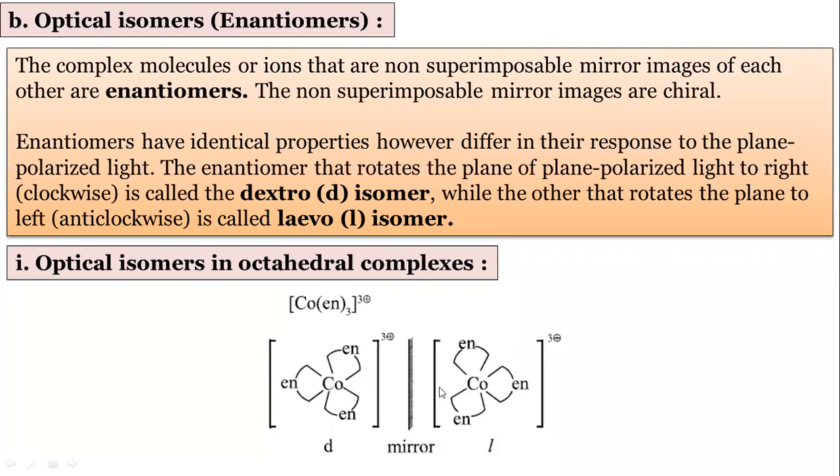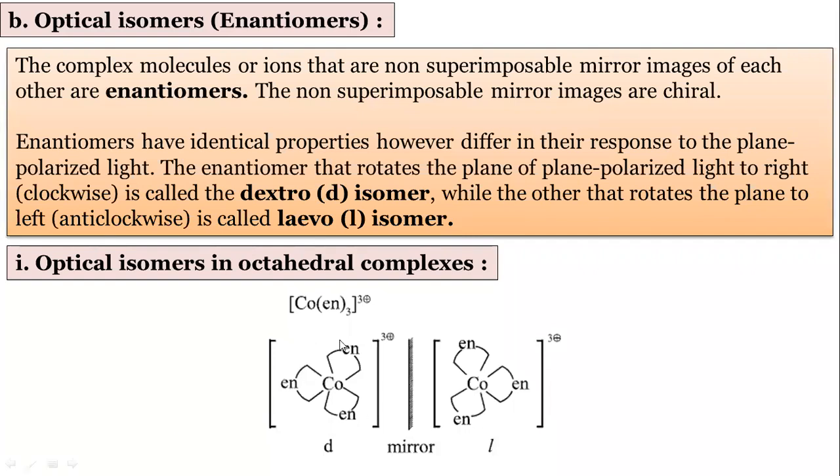We know enantiomers rotate in the opposite direction, but the angle is the same. If it is rotated 30 degrees to the right hand side, it will also be rotated 30 degrees to the left hand side. The angle is the same, but the direction is different. So these are called enantiomers, remember.